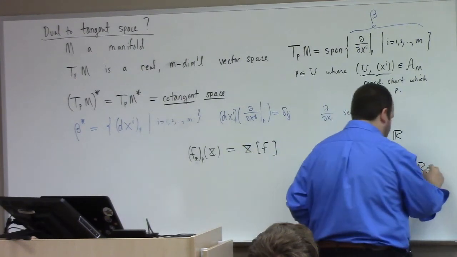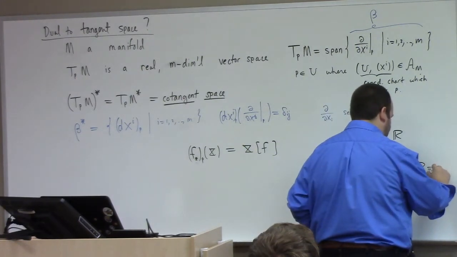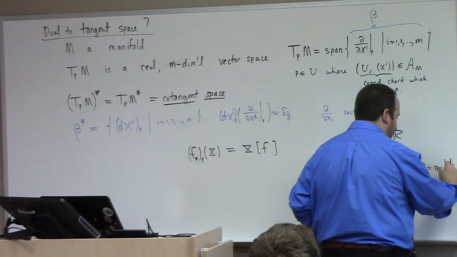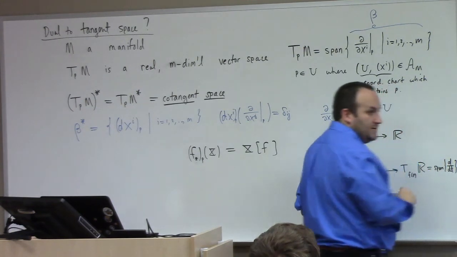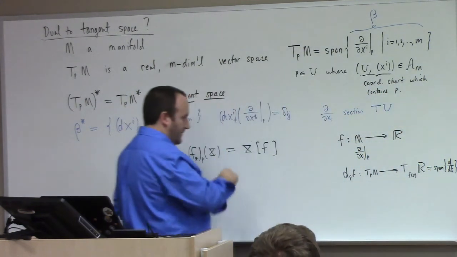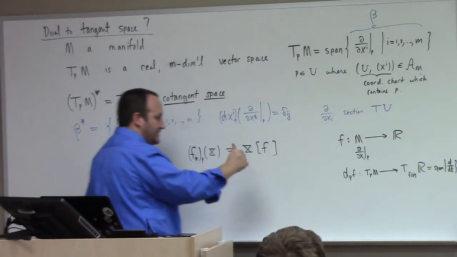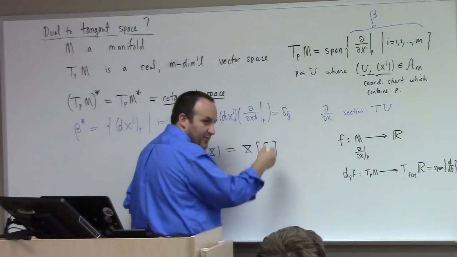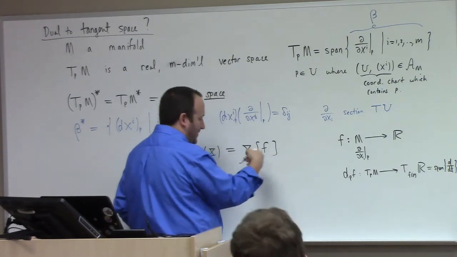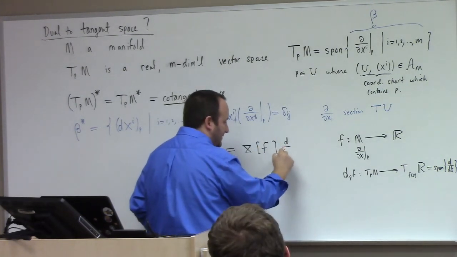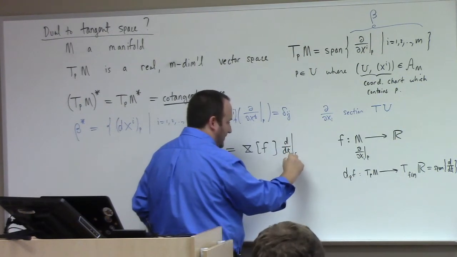It's kind of silly. It's just the span of, let's say, d/dt. It's one-dimensional. So from the viewpoint of push forward, this isn't quite right yet. This is at the point p, and there's a d/dt at f of p missing here.